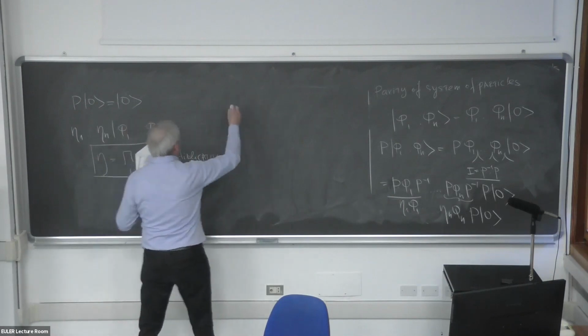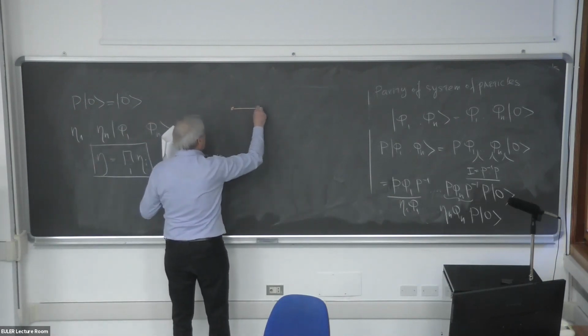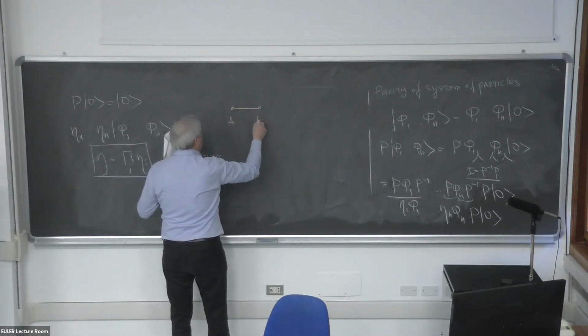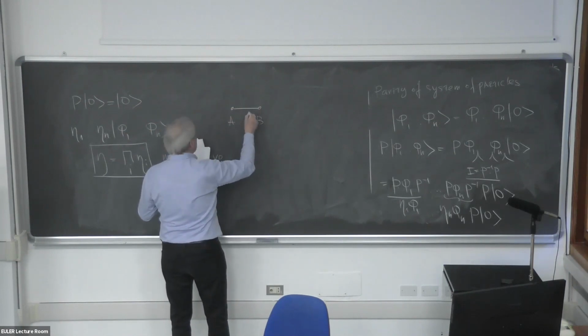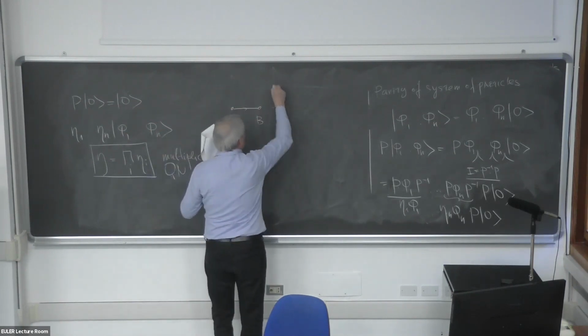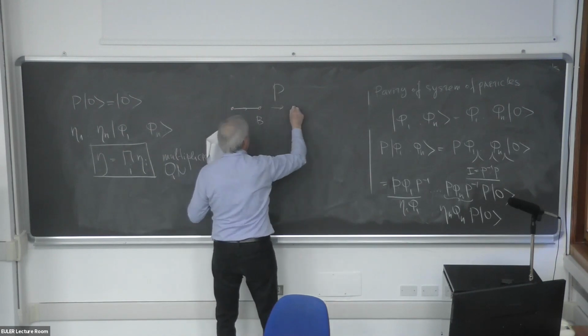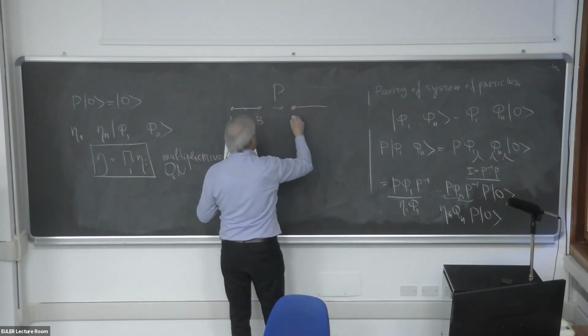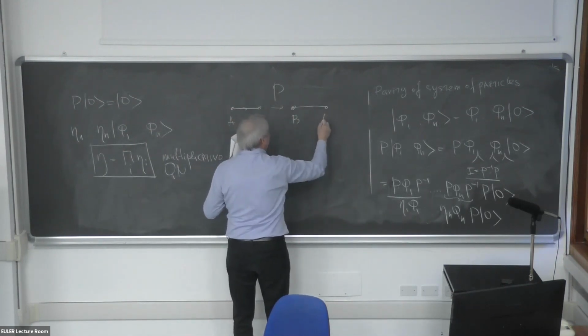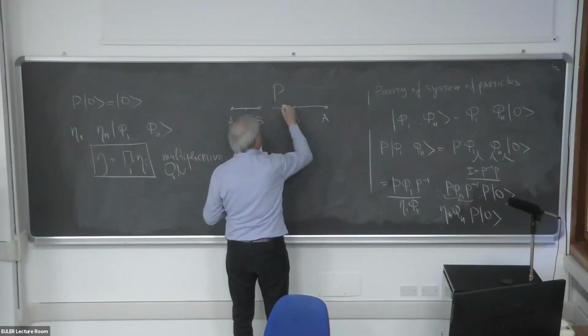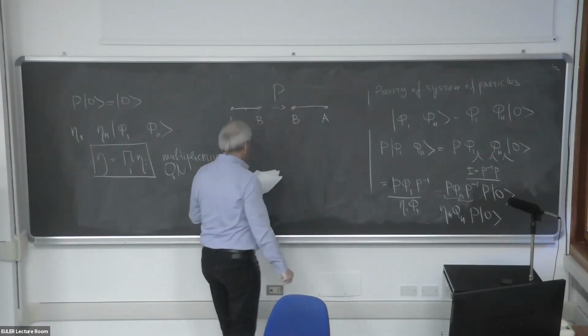And let me take the simplest system. Suppose I have two particles, A and B. Under P transformations, what I will get is a permutation of B to A, right? After P transformations.